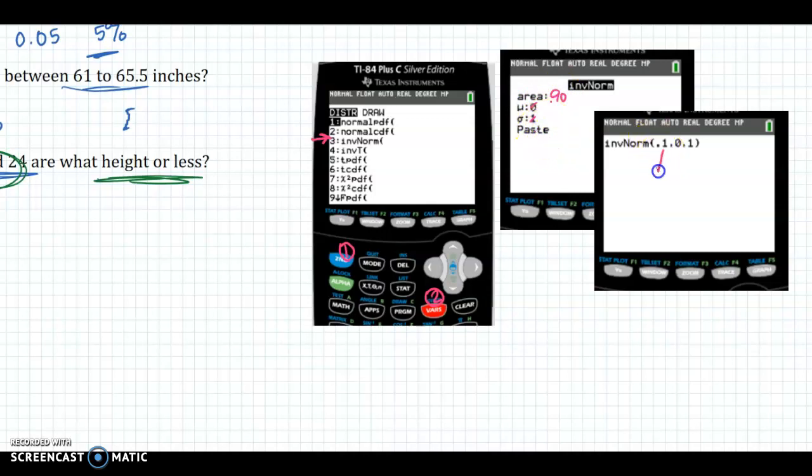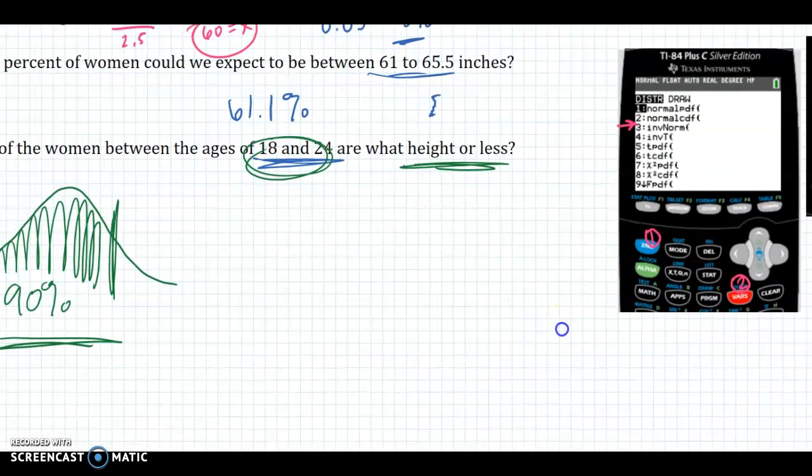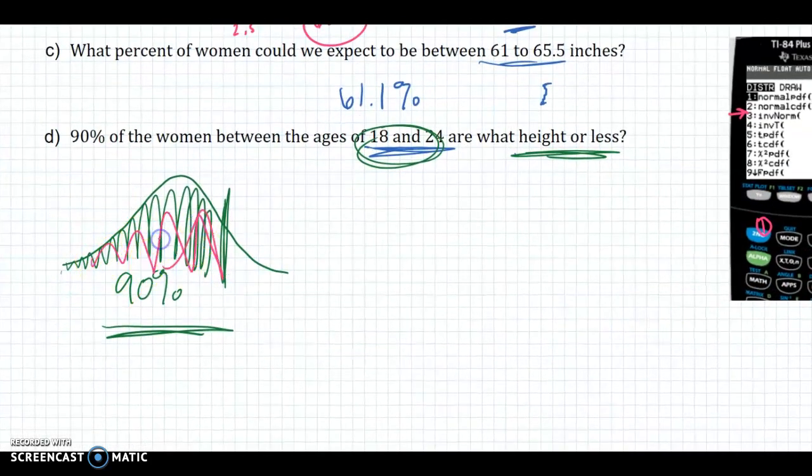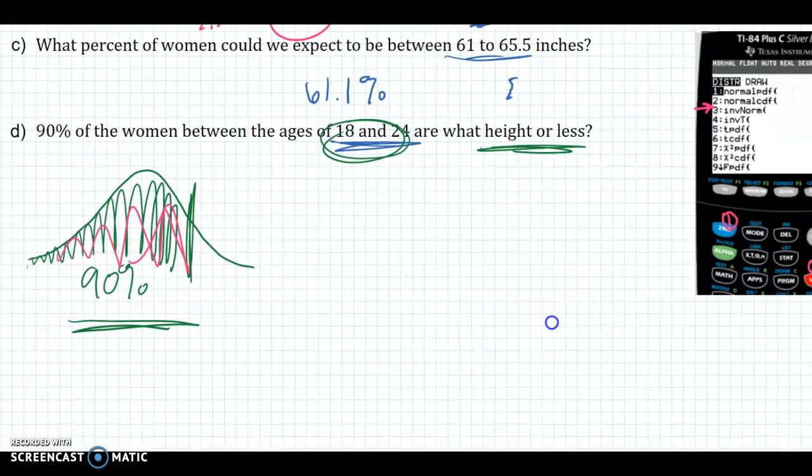So you have your percent as a decimal, your mean, and then your standard deviation. And it'll tell you what number it will be. So you don't have to go backwards and find the z-score yourself. Keep in mind that this only works from the left. So it's only finding this percentage. So if you wanted like the middle 90% or something like that, you would have to do something different.